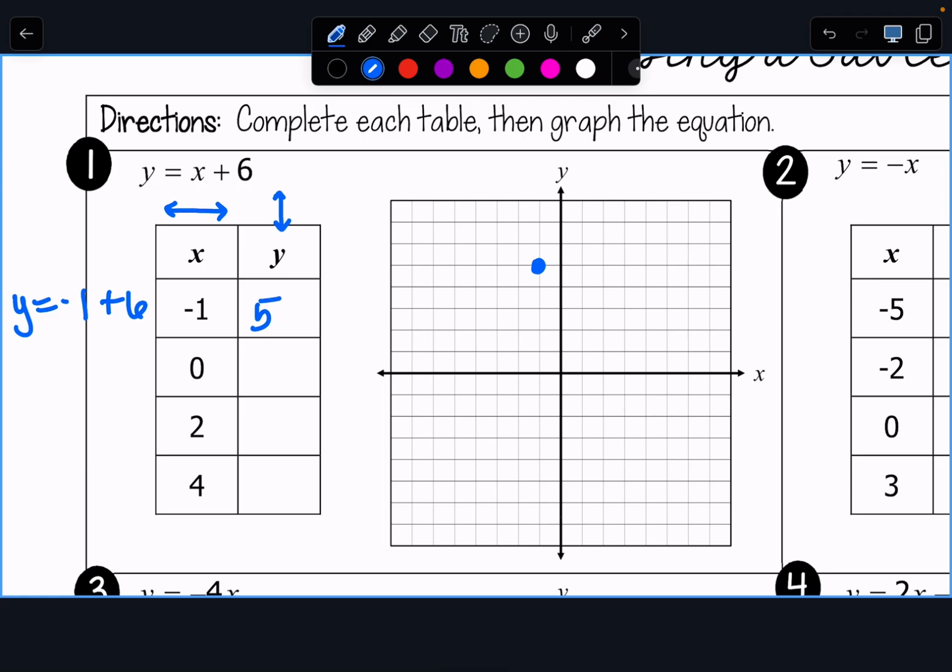Now, let's do the same thing with 0. Y equals x plus 6, but I'm going to erase x and it becomes 0. What is 0 plus 6? Okay. So our coordinate is 0, 6. That means we move left or right 0 and up 6.